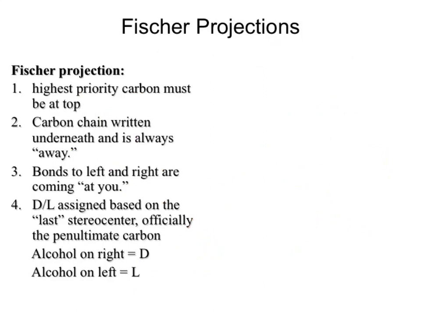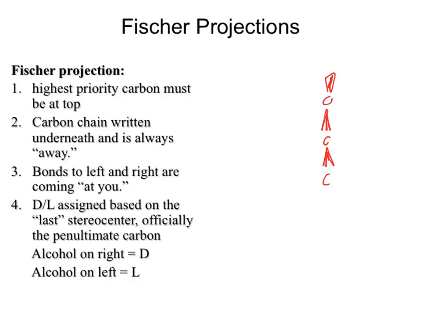So our Fischer projection rules, we did talk about these already, but we're looking at our highest priority carbon at the top of our structure, and then our carbon chain will fall directly underneath it, on that vertical axis. If that was it, we could potentially organize our carbon chain, I wish I brought a model kit, where we had our highest priority groups coming up at us as we went through this structure.